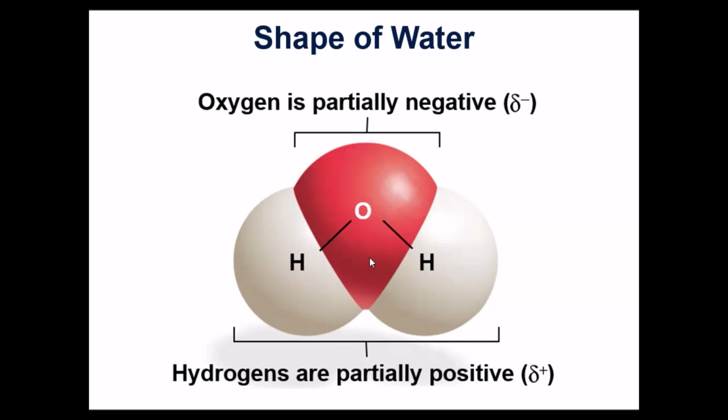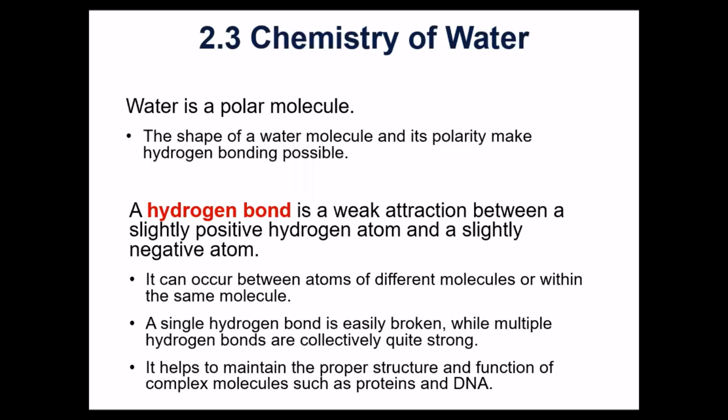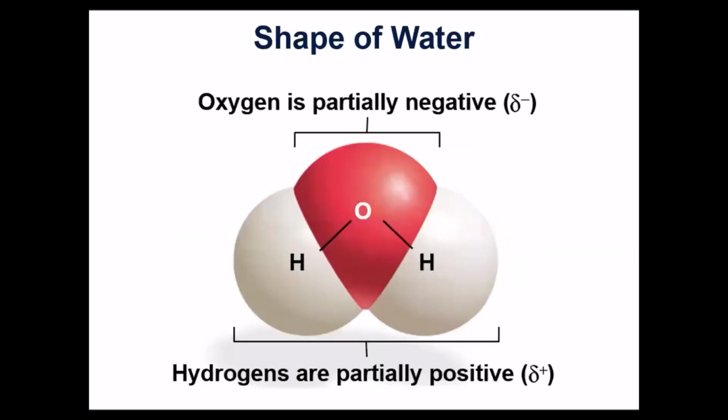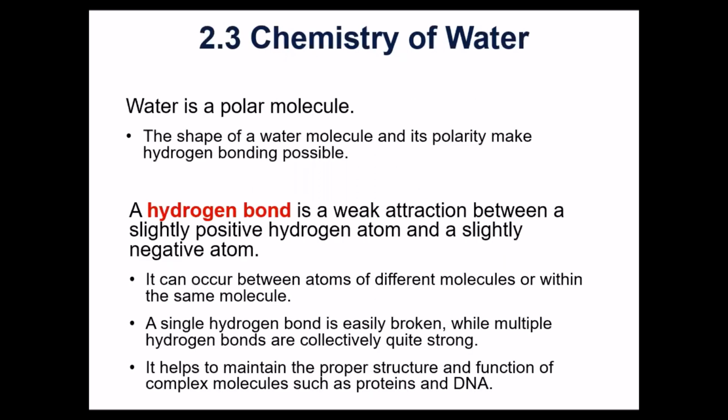The hydrogen is a little bit positive, so it has a partial positive charge. That's what the little delta symbol means. Delta plus is a little positive charge there. The oxygen has a little bit of negative charge, and that creates some very unique properties that we're going to see in section 3. So water is a good example of a polar molecule.